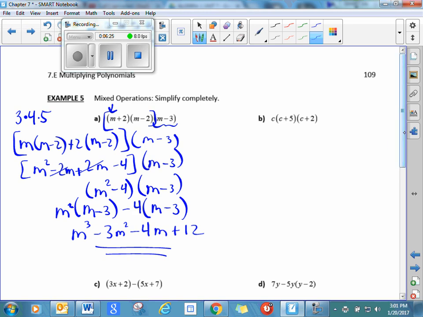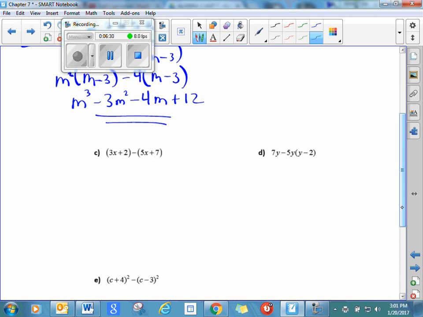I'm going to leave B to you, but I do want to come down and point to number C. This now is a mix of multiplication and addition problems. You can see that these two binomials are not multiplied together. They are subtracted.